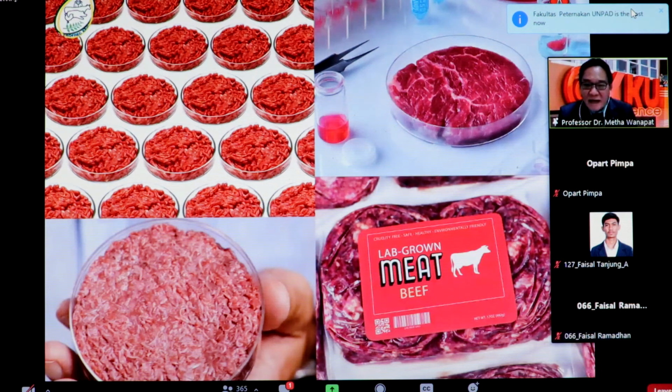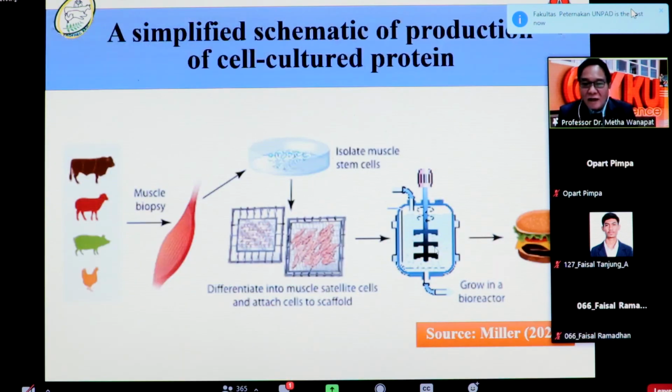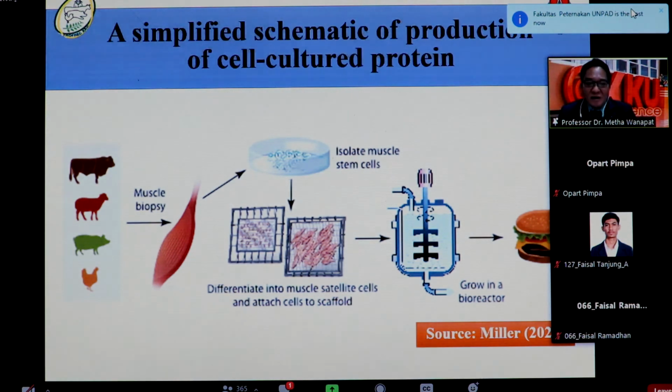This lab-grown meat is paramount, it's important, but the cost is still very, very expensive. Just a little bit there, you can see how the biopsy has been done. The stem cell can be taken and expanded into more meat through the use of the bioreactor. You can see the product like that.